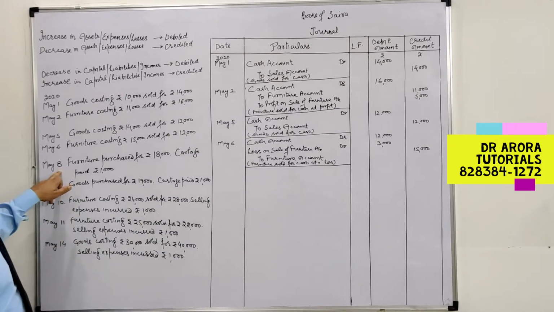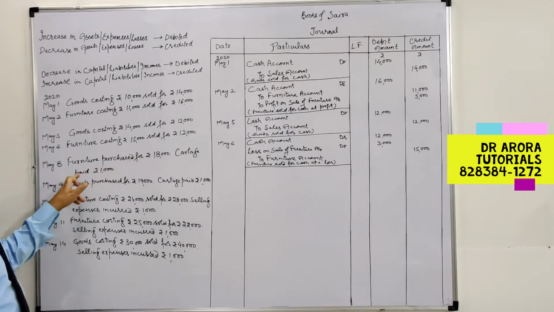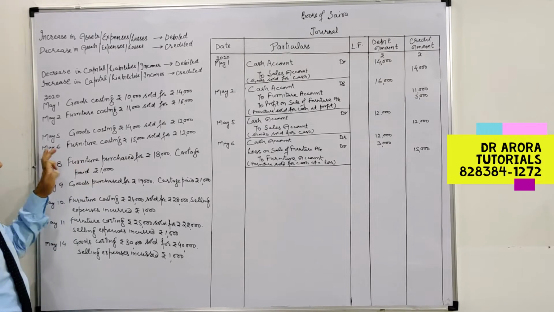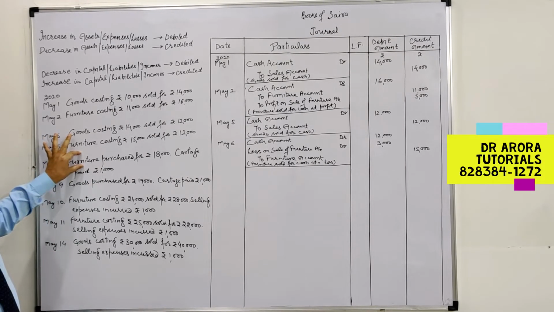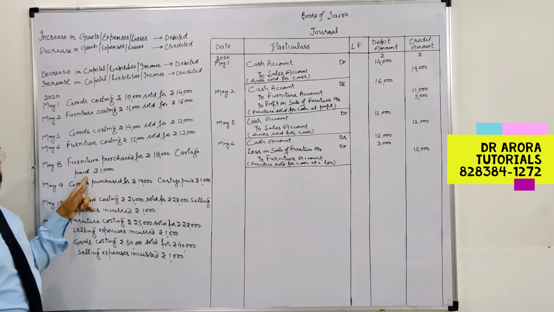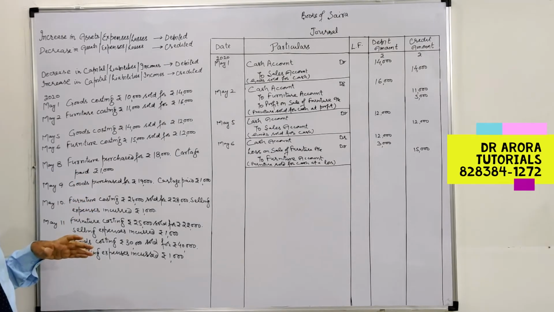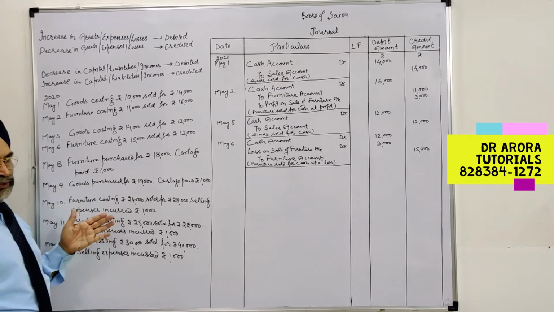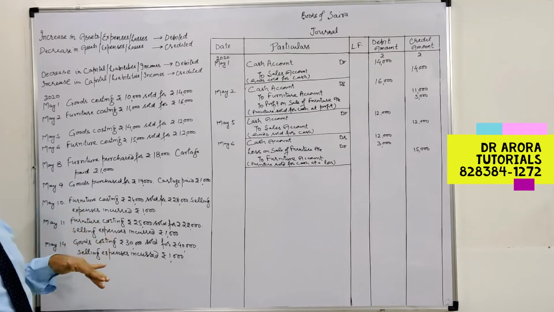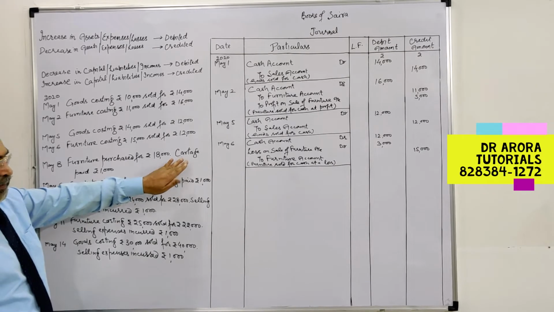Now the 8th entry. Furniture purchased for rupees 18,000. Cartage paid rupees 1,000. And here again you have to remember one thing. Whenever we purchase a non-current asset, fixed asset, any expense incurred in connection with the purchase till the asset is put into use is an expense of capital nature, non-recurring nature.